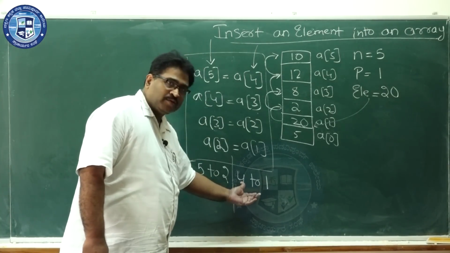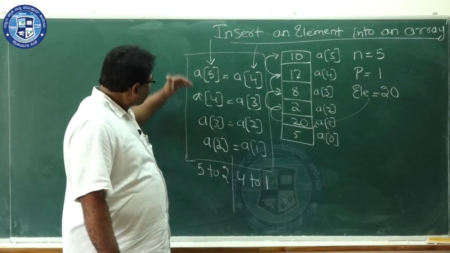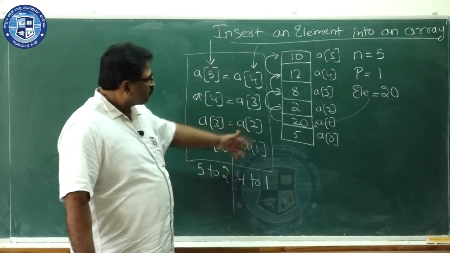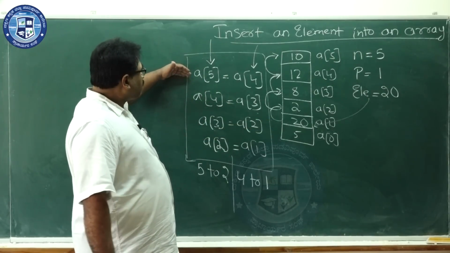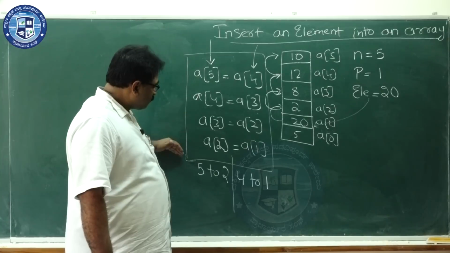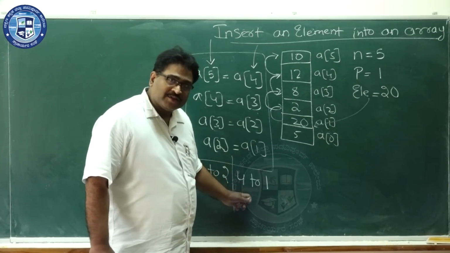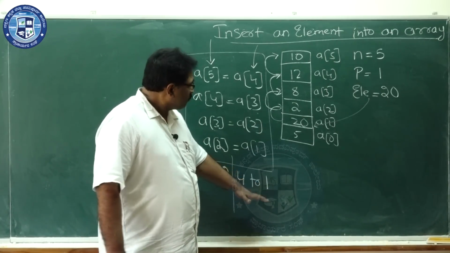Please understand, both will work. Important is, if these are the elements, this is the position, you can see here how many times we are repeating this statement. It is 4 times. So you can check, this is 4 times. If you go by this, it is also 4 times.